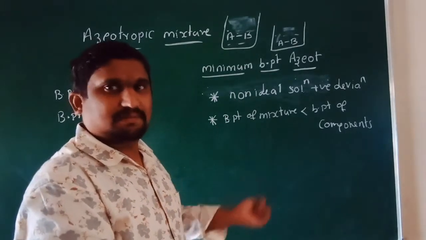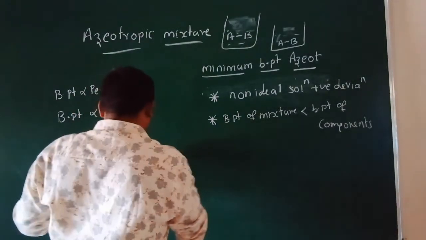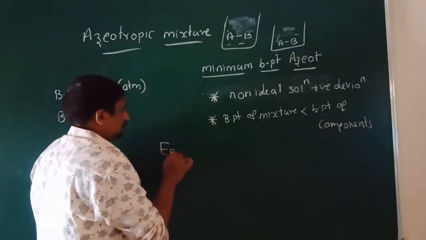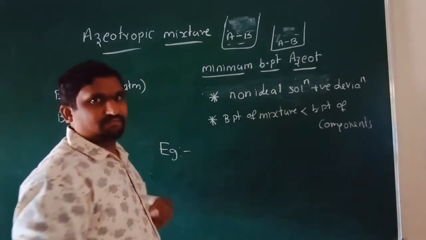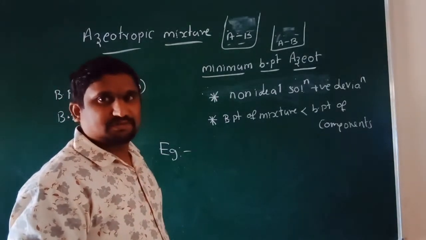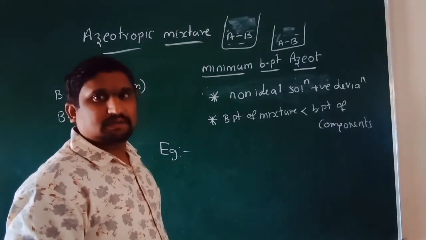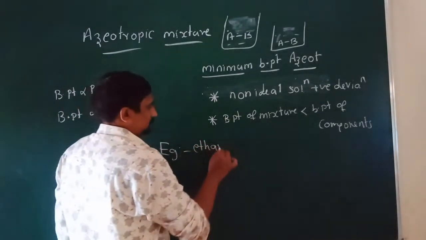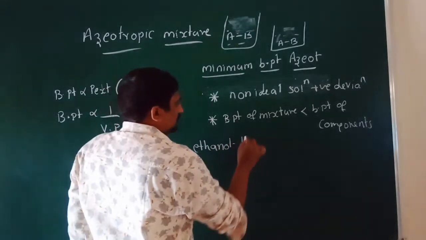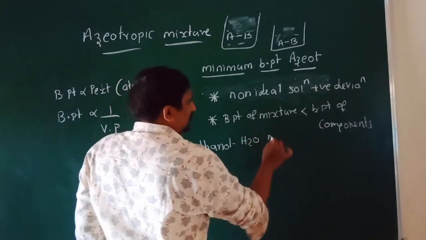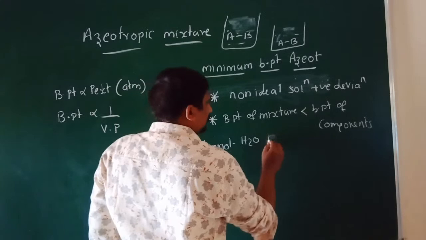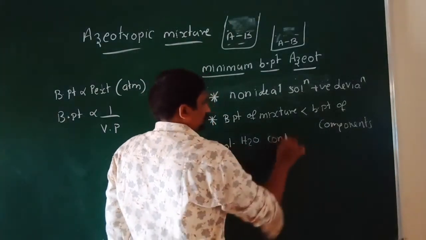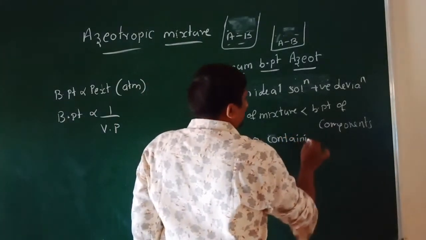We should take one example, then you can understand it very clearly. The best example for a minimum boiling point azeotropic mixture is the ethanol water mixture.